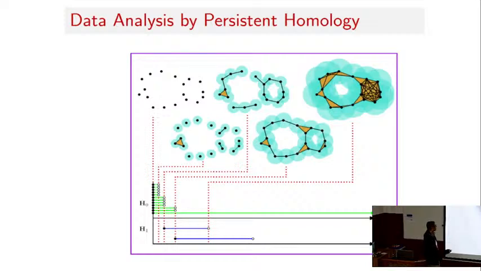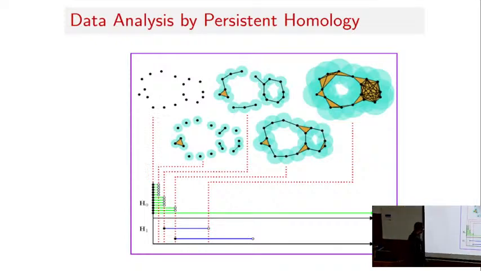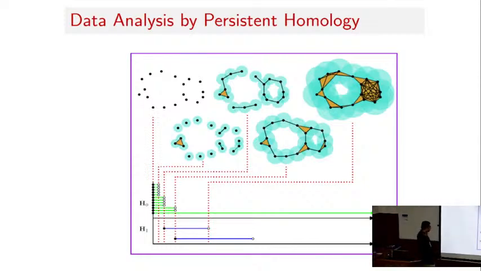The other cycle gets created here, and it didn't die, at least not in this movie. If I had continued, ultimately it would die, and I just put it here. So you get two bars for H1, which are very prominent bars. There are other bars I am not showing, which are the noise, the small bars.